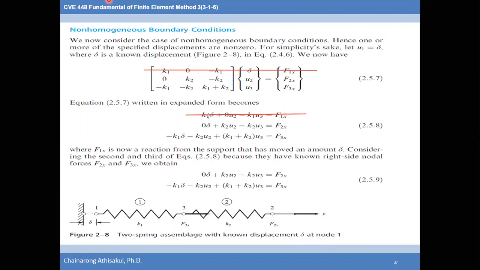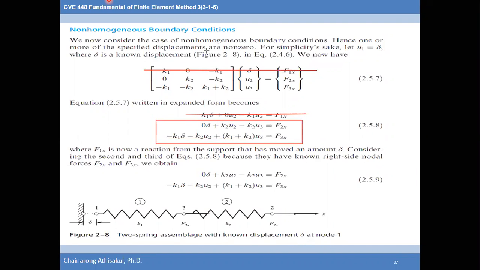But the first column we cannot eliminate. Why? Because delta is not equal to 0 anymore. So when we multiply this row to this vector, we obtain this equation.